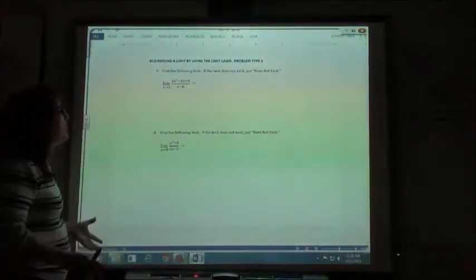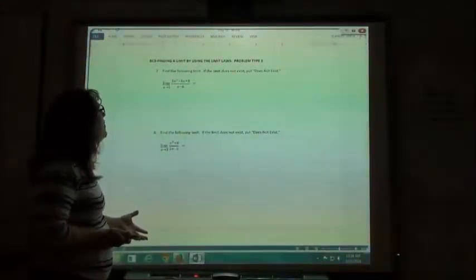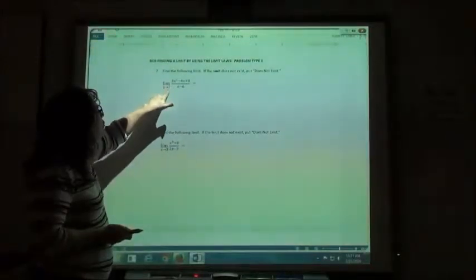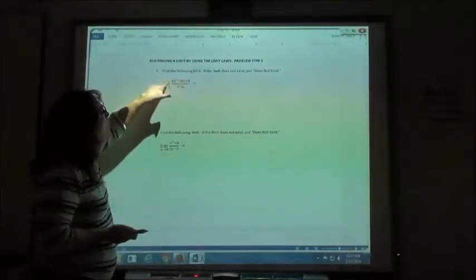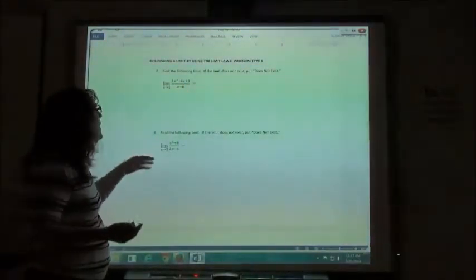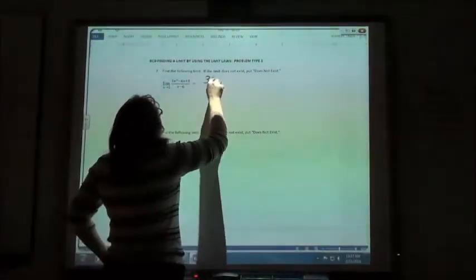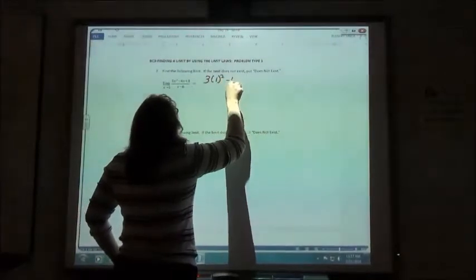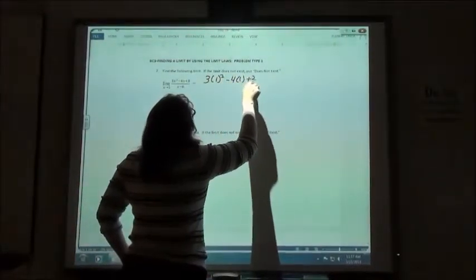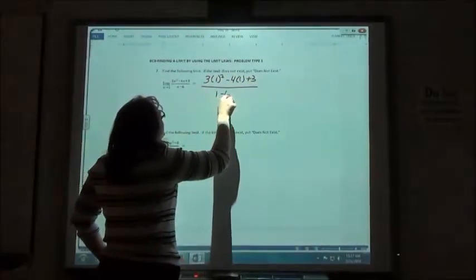So for most of your limits, if you're going to find the limit of a function as x approaches 1, all you're going to do is put 1 into the function and solve it. So I'm going to find the top and the bottom. I'm going to take 3 times 1 squared minus 4 times 1 plus 3, and then the bottom 1 minus 6.